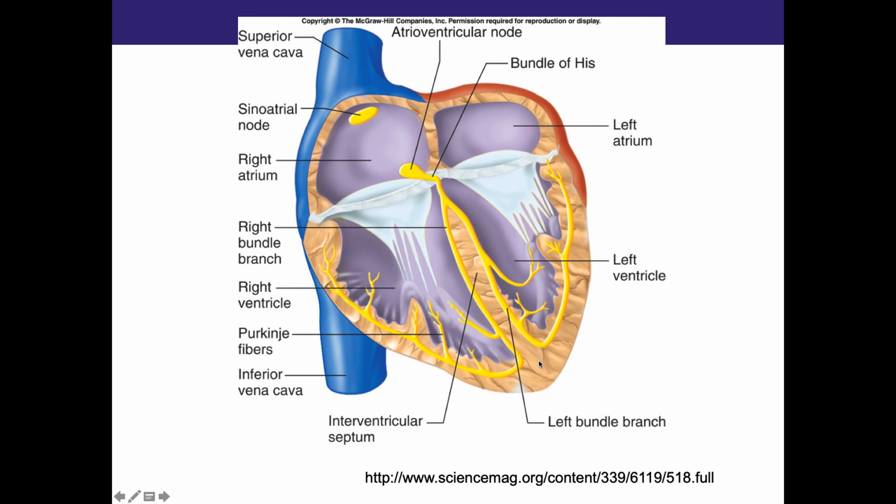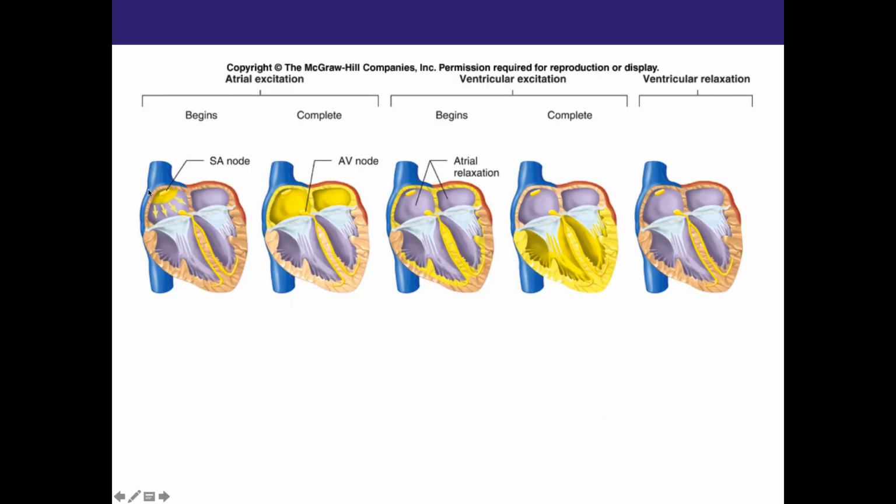So this is what it looks like. Starts in the SA node. This is the yellowish. Sweeps through the atria, slows down in the AV node. Now the atria completely contract before the signal sweeps through the septum by the bundle of His, the left and right bundle branches, and then into the apex, the bottom of the heart here.